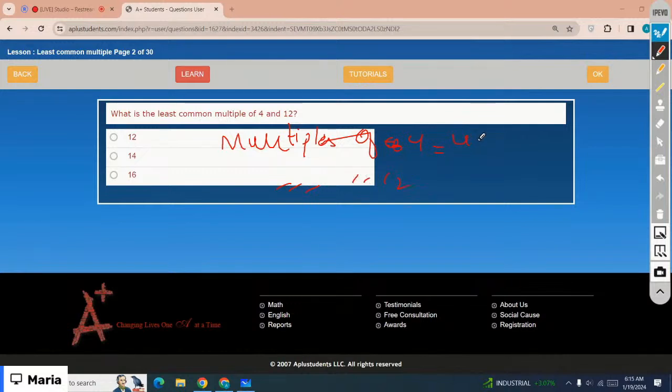Okay, you have 4, 8, 12, 16. Here you have 12, 24, 36 and 48. So which is the, yes, the least common multiple is 12. Very good.